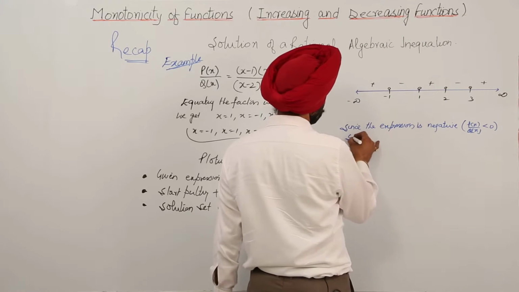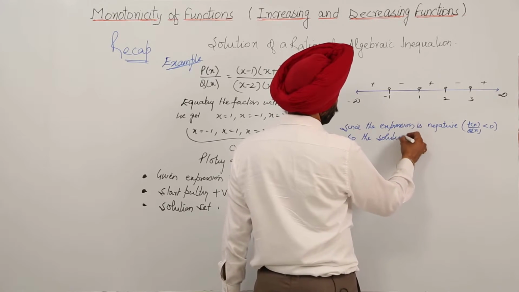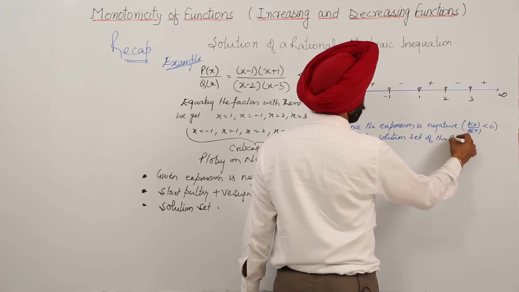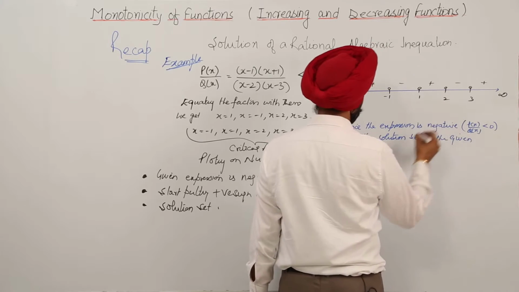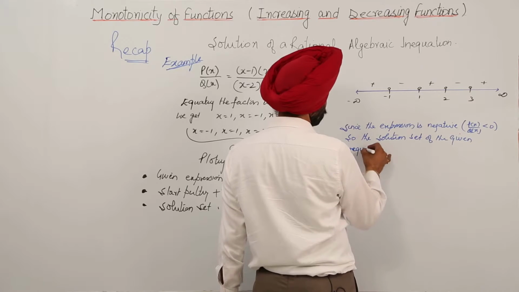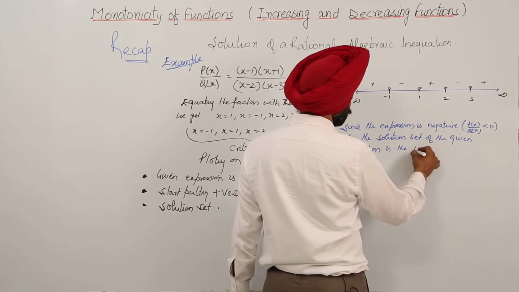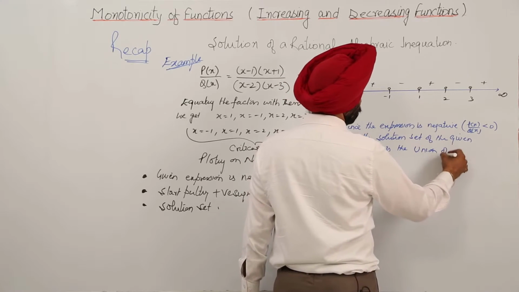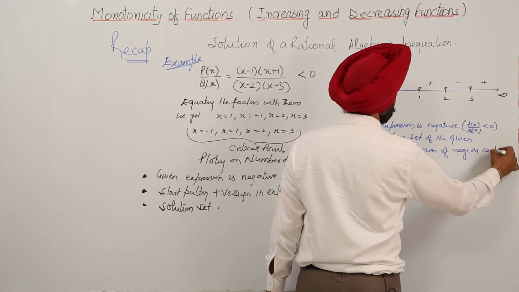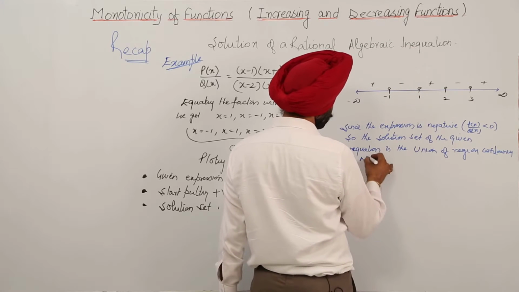So the solution set of the given inequality is the union of regions containing negative sign.